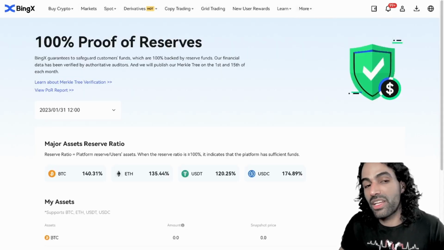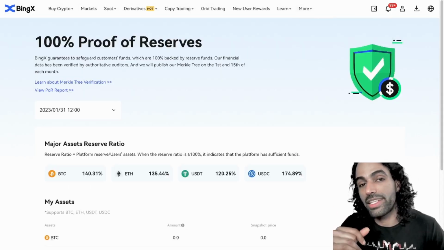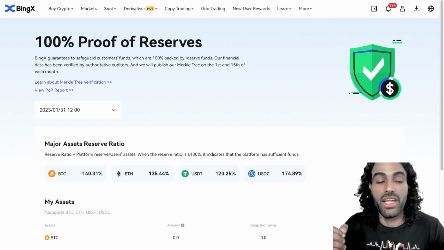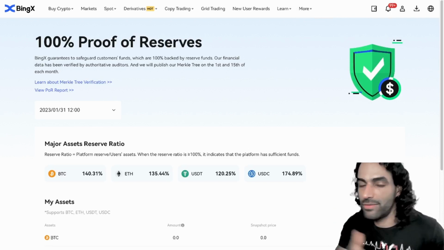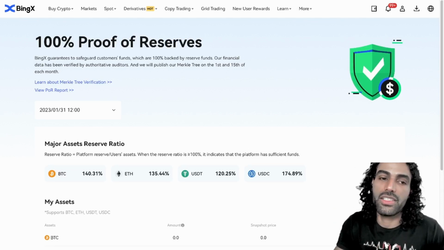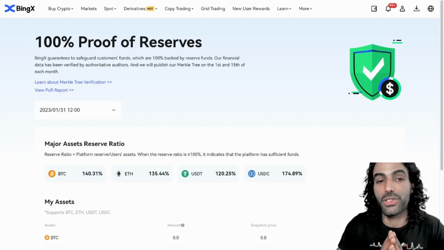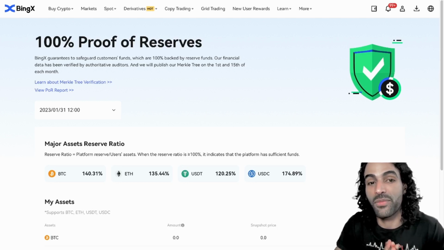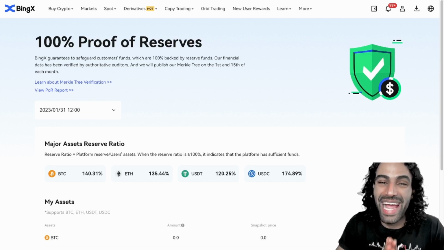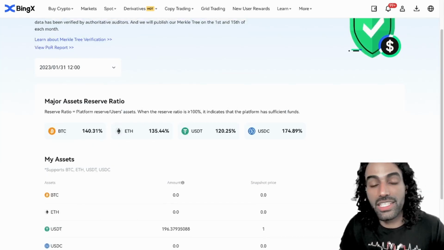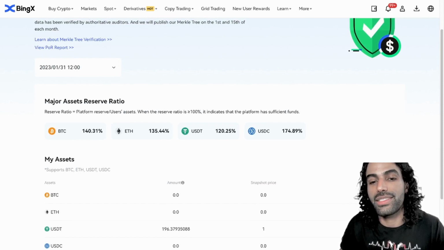And as we said at the beginning of our video, after the problem with FTX and the bankruptcy last year, a lot of people don't have any confidence trading on cryptocurrency anymore. That's why the 100% proof of reserve fixes that with BingX. We have 100% backed by reserve fund on BingX, and you can check, you see the reserve ratio over 100% for Bitcoin, Ethereum, USD Tether, and USDC.